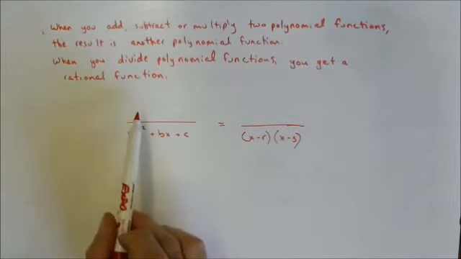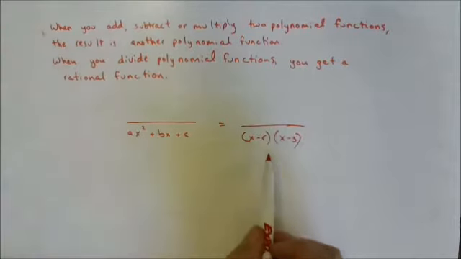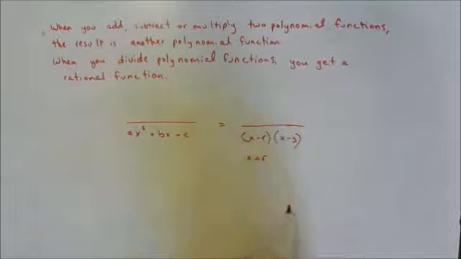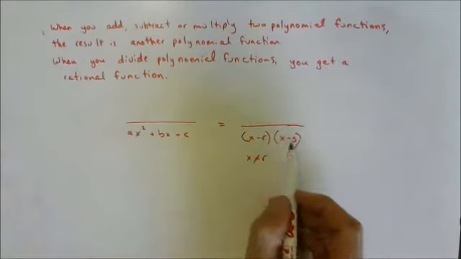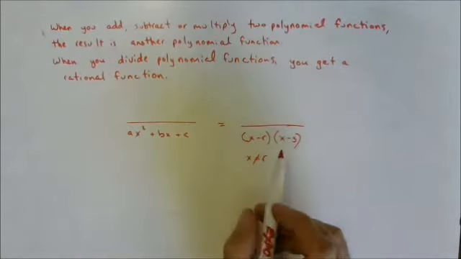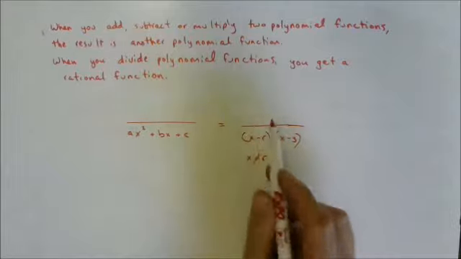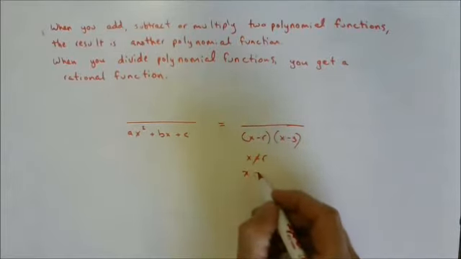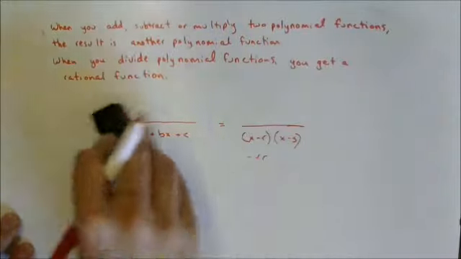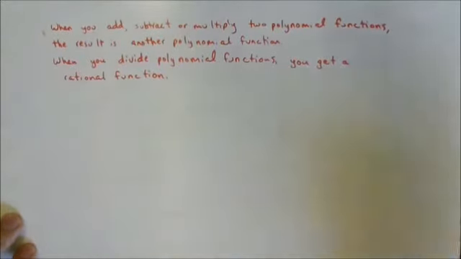So when we're dealing with rational functions, and we are able to factor it, and let's say we said, okay, well now x equals r, well actually x can't equal r, because if it did, the denominator would be 0. Denominators are never allowed to be 0. It's an undefined number. So then there are restrictions on rational functions. In this case, x can't equal r and x can't equal s. Okay? Today we're working with linear functions, so it's a little bit easier to work with, but we get into all of that. Okay?